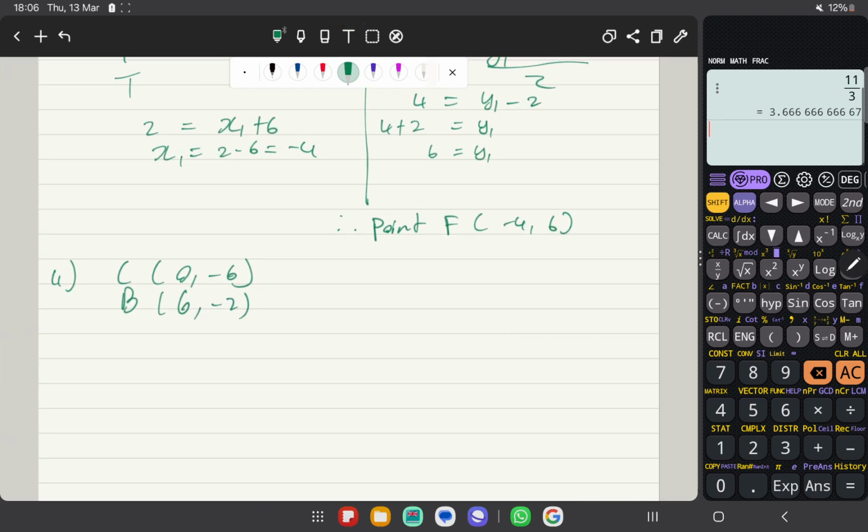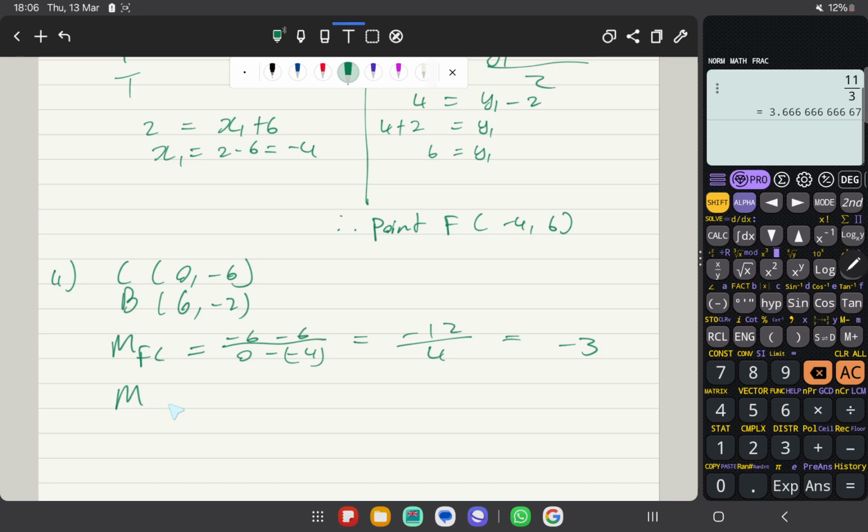I'm going to calculate the gradient. M for FC is minus 6 minus 6 over 0 minus minus 4, that is minus 12 over 4, which is minus 3.